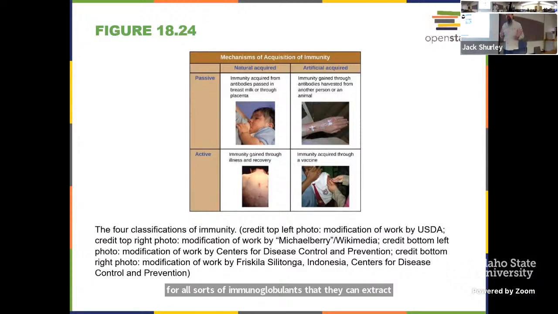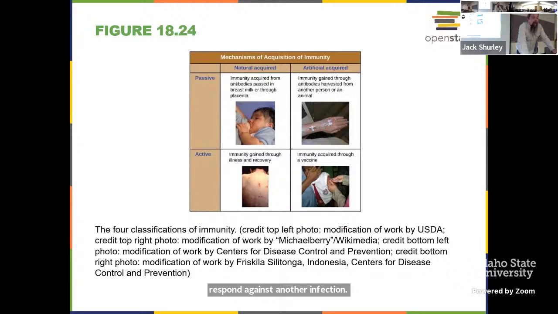With that said, they can use that as a passive mechanism to infuse you with some of that, and it confers some passive immunity. With that said, it is not like you've received a vaccination and produced these things on your own. You don't have all of the memory cells. You don't have the potential for these things to lay in wait and respond against another infection. This is something that is short-lived, all right?